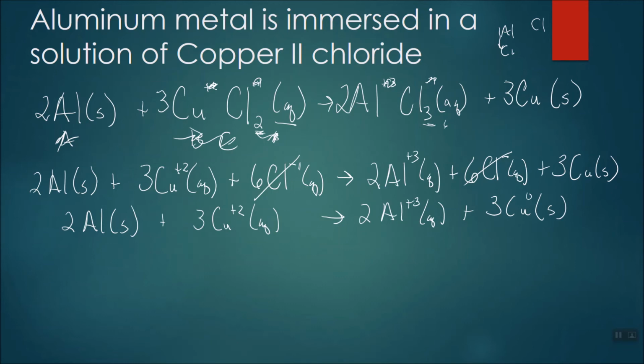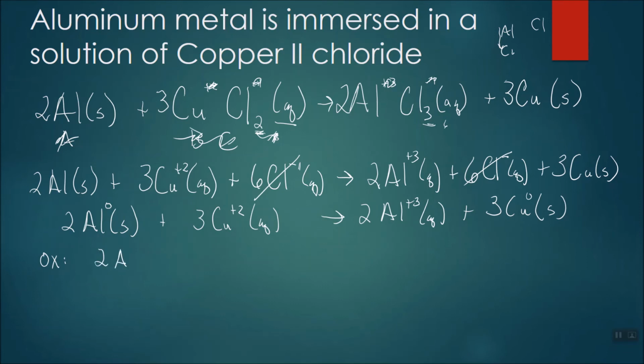Let's prove it, bringing into focus oxidation and reduction. Oxidation. Oxidation is when your charge goes up. Whose charge went up? Well, aluminum in its natural form, of course, is 0. Aluminum goes from 0 to plus 3. That's definitely going up.